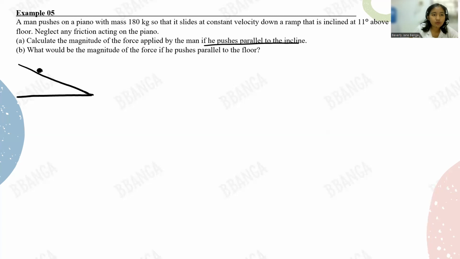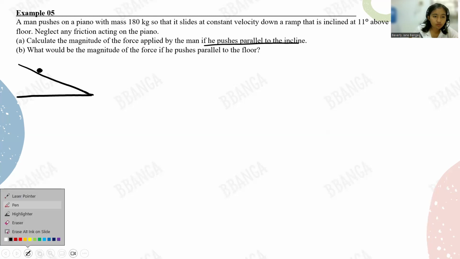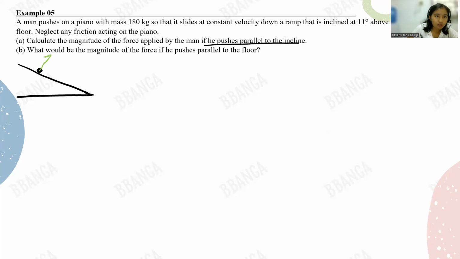Okay. So, gawan natin ng FBD. So, obviously, meron tayong normal, perpendicular ulit. And then you have the weight. Okay? And then, yung assumption natin is, yung push is pa ganyan. Kasi kapag pabaliktad, nagiging mali siya, nagiging negative.